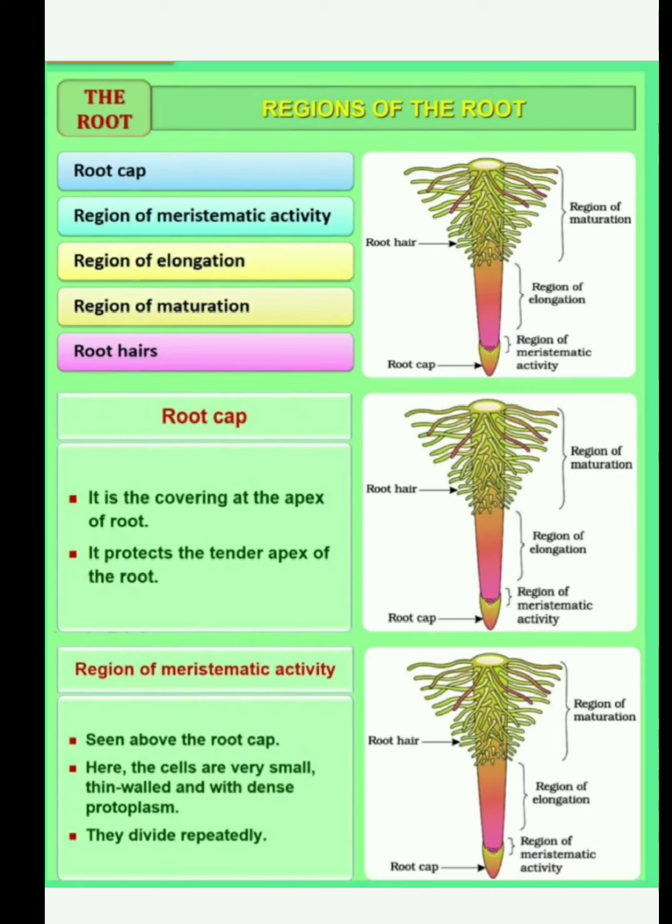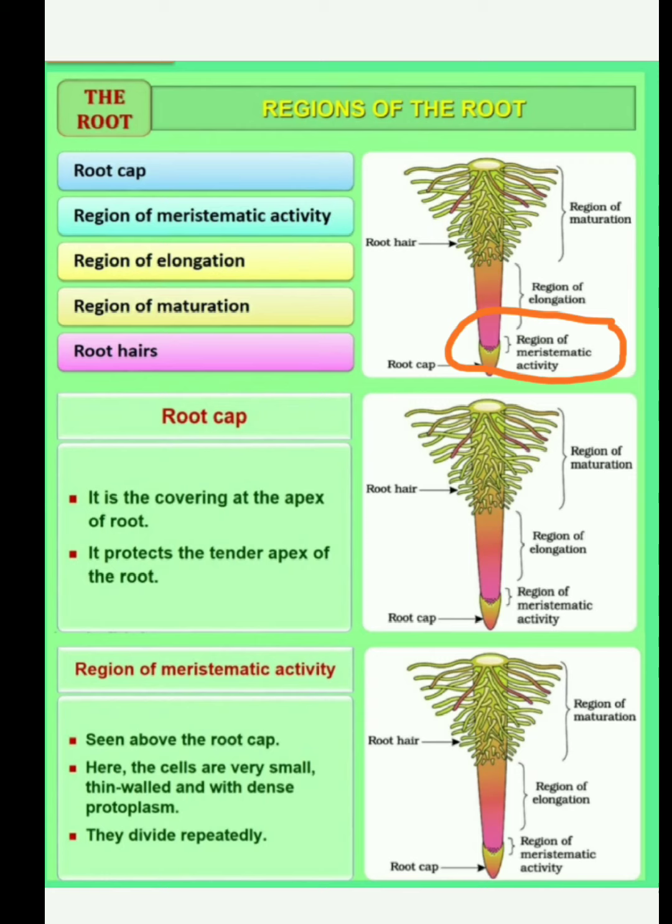The next region above the root cap is the region of meristematic activity. It is seen immediately above the root cap. In this region, the cells are very small, with thin walls and dense protoplasm.